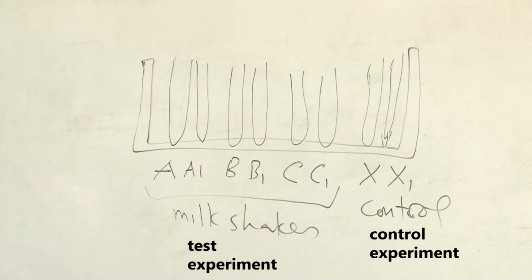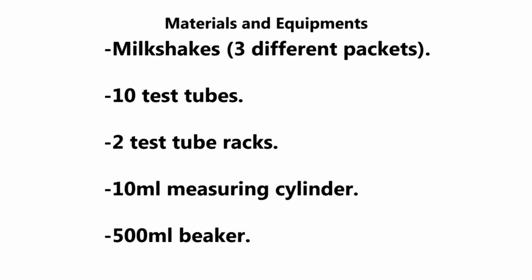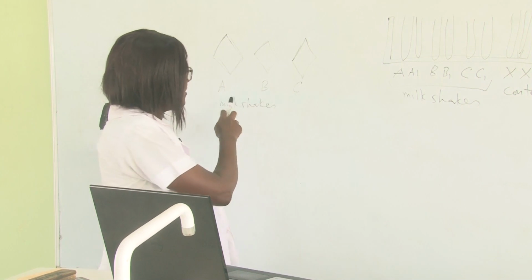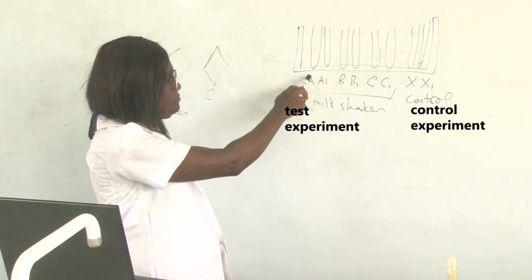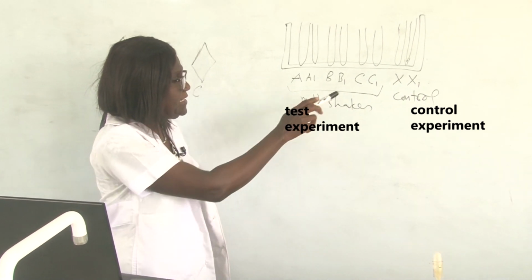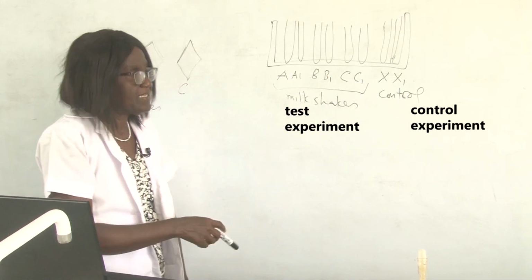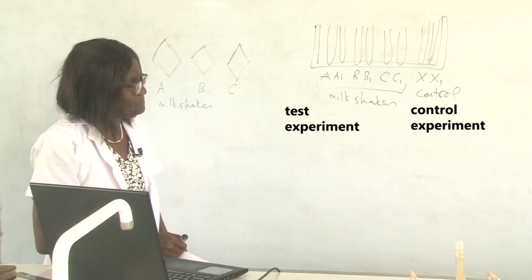So the student had this plan, and the student listed all the equipment and the materials he will need. Yes, so the student has his plan of the milkshakes in these test tubes, and he had his measuring cylinders and other glassware listed as we have listed them.